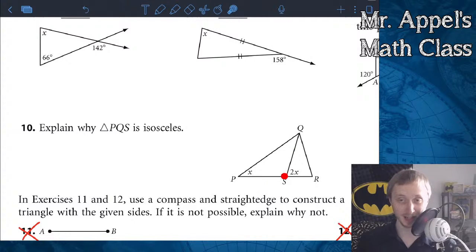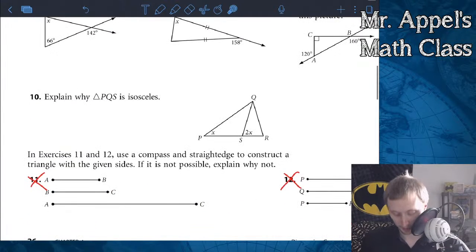I don't know anything about the side lengths. Oh, but what do I know about the angles? See if you can reason why the angles have to be congruent and force it to be isosceles. This is a great question to really bring together knowledge bits from across the Porter as we've done so far.